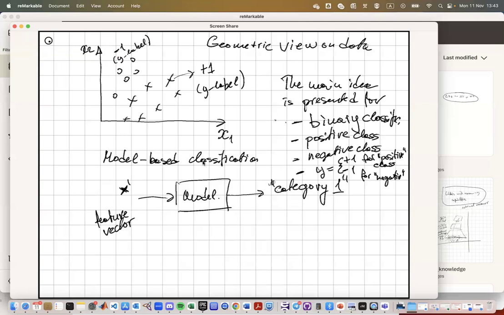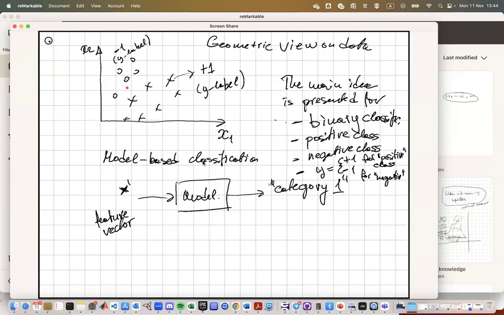We are about to build a model that takes a data point, a vector of features x1 and x2, and produces either +1 or -1.